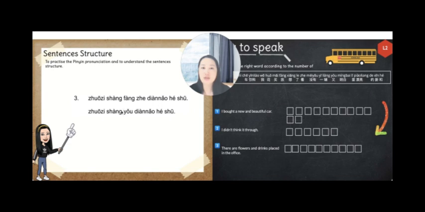Actually, these two sentences mean the same thing, okay? Both are describing the computers and books placed on the table. And then obviously the sentence patterns are different, right?